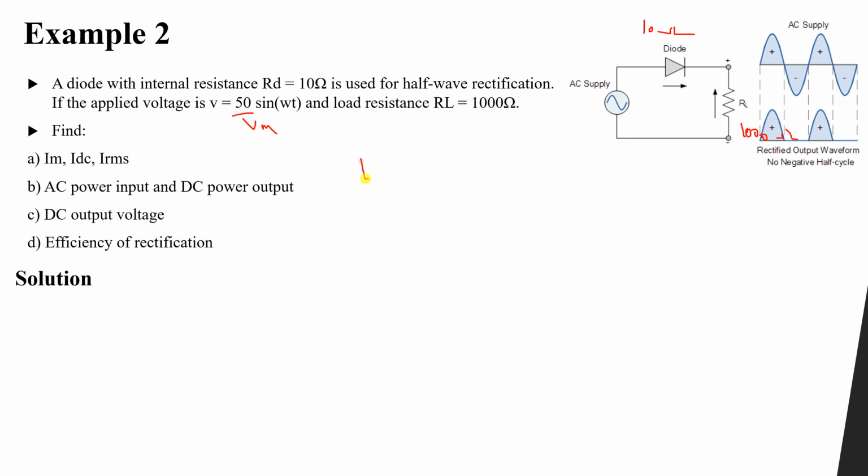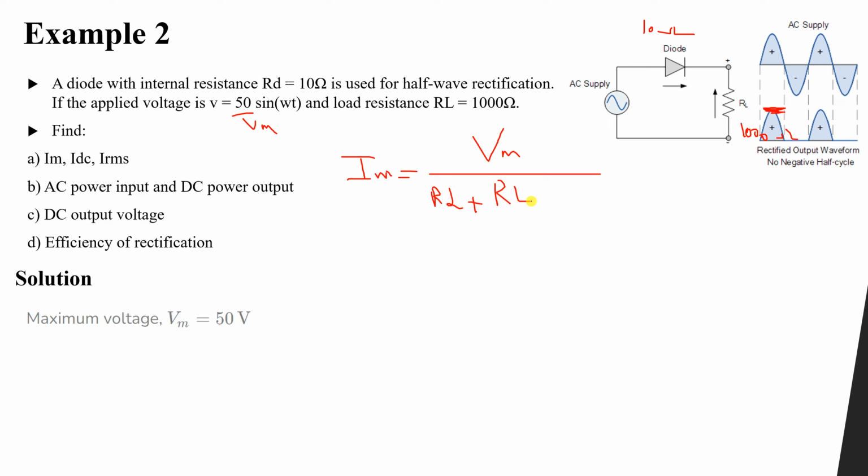So I max, or the maximum value of current, as we learned in the previous lessons, will be V max. This is a waveform of current and voltage, right, with different values. For the current here, the maximum value will be the maximum value of the supply voltage, V max, which is 50, divided by the total resistance, RD plus RL.